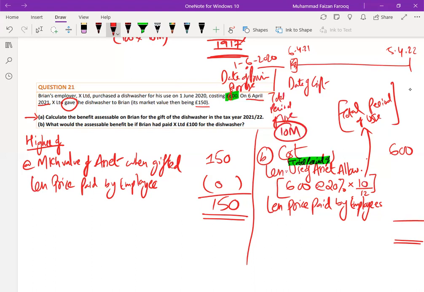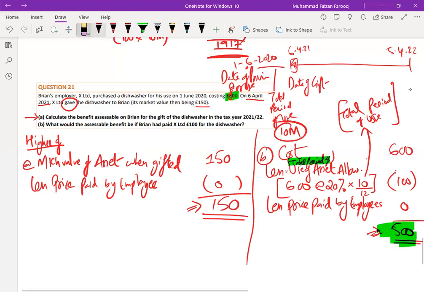So the allowance for 10 months comes to how much? 600 into 20%, 120, into 10 by 12 is 100. There is no price paid by the employee in requirement A. So the answer is 500. So we have answers of 150 and 500. What will be added to the annual salary? It will be the higher of, which is 500 in this case. So that's it for requirement A.